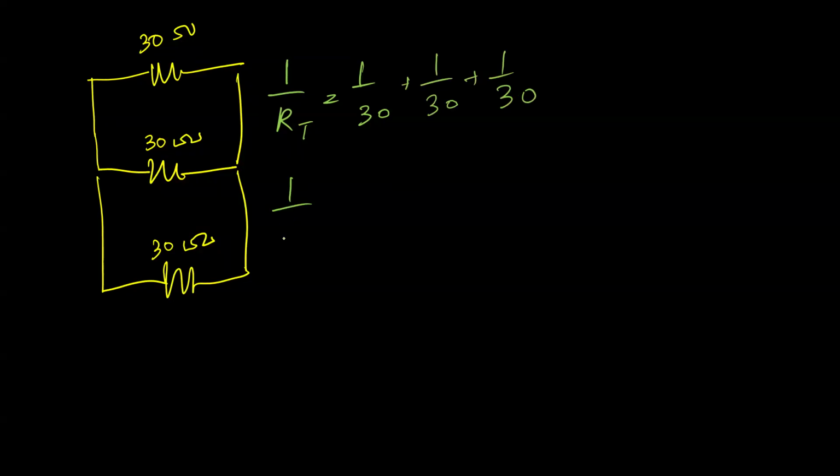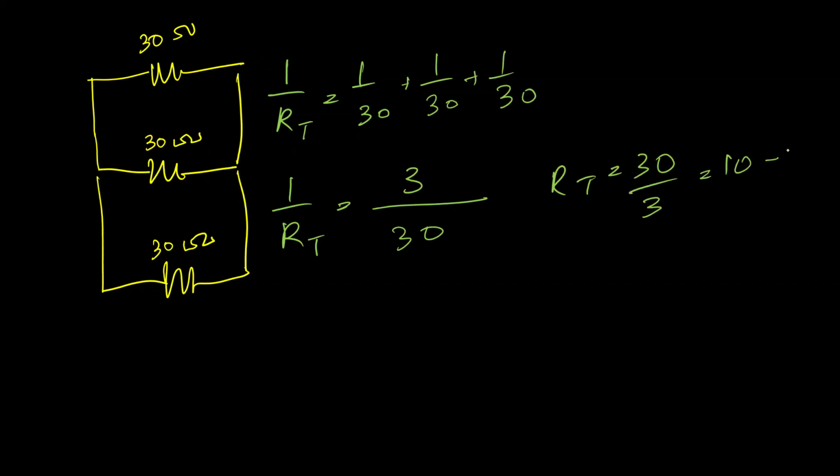Now the denominators are same, so directly write the denominator, 1 plus 1 plus 1 is 3. R total equals 30 over 3, that is 10 ohm. We got the answer. But in an MCQ, you don't need to do all these things, no?